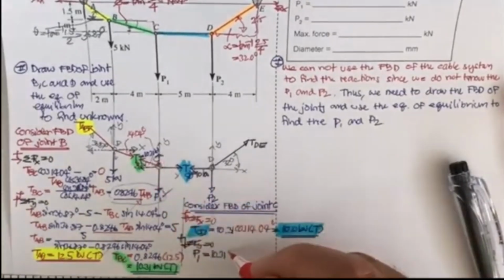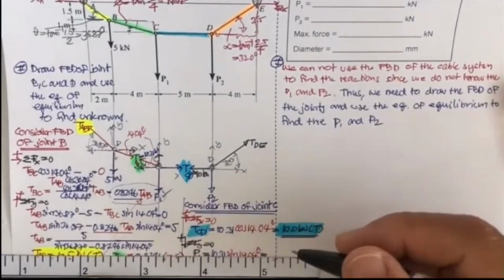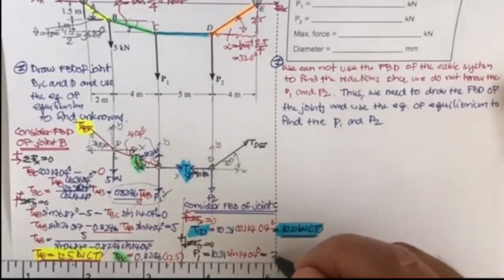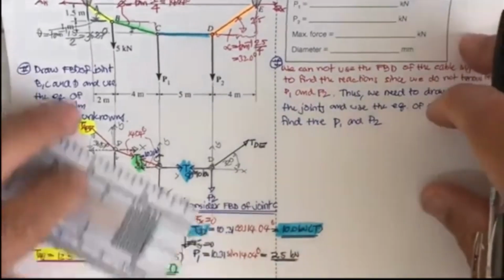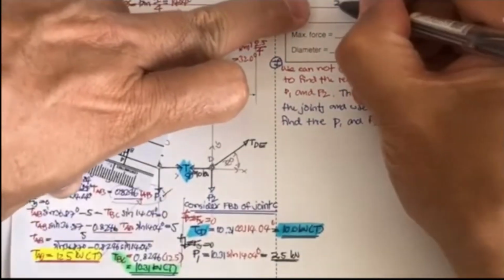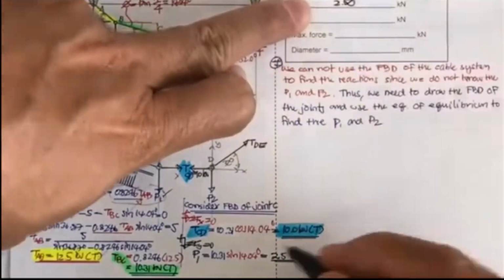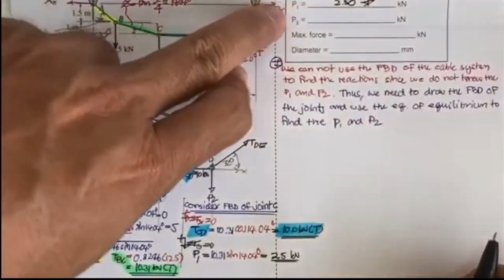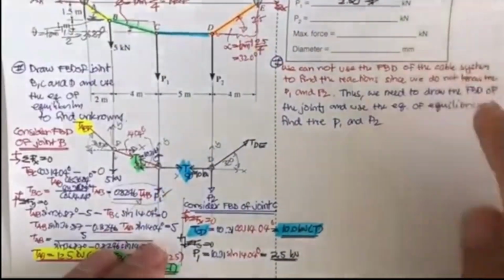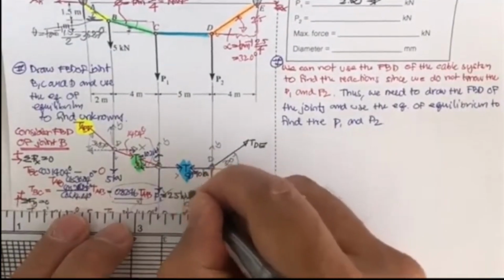It's going to be sine. Okay, and then you get the result. Just put into your calculator. You got P1 of 2.5 kilonewton, and it's downward. Now you get this P1 of 2.5 kilonewton.